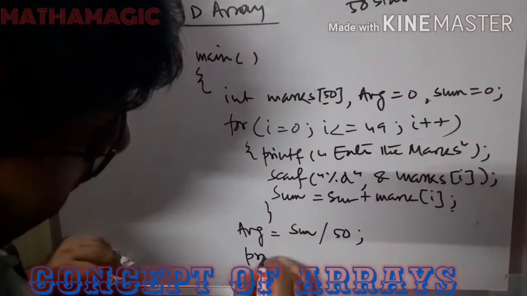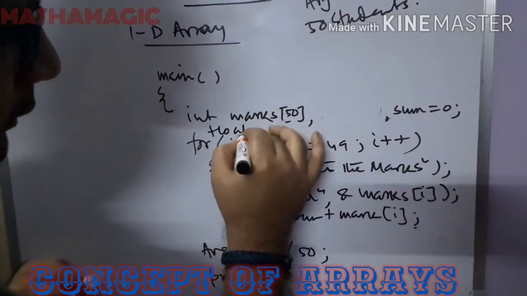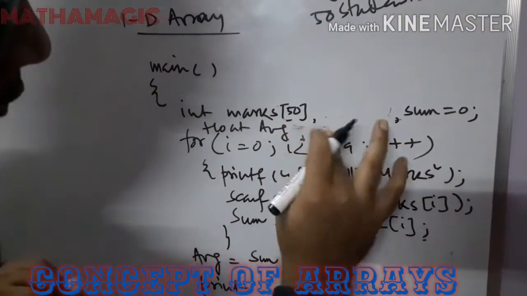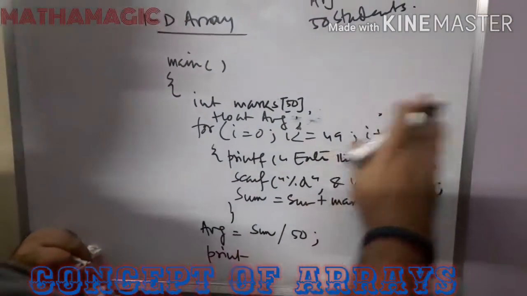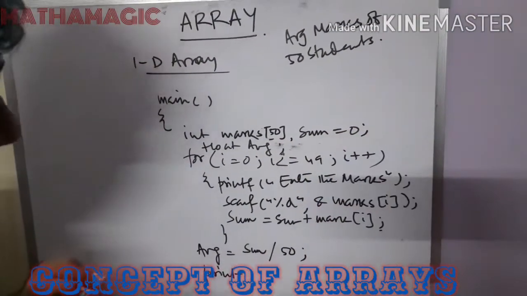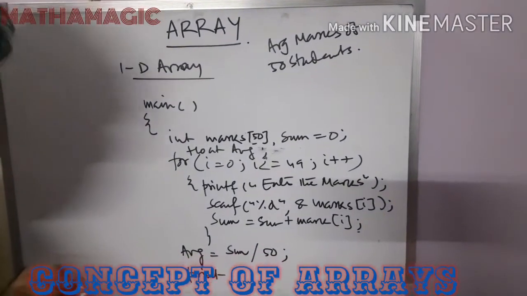So we'll just print. You take float avg, because float avg, just write it like this, sum is equal to 0, because the average may or may not come as an integer.